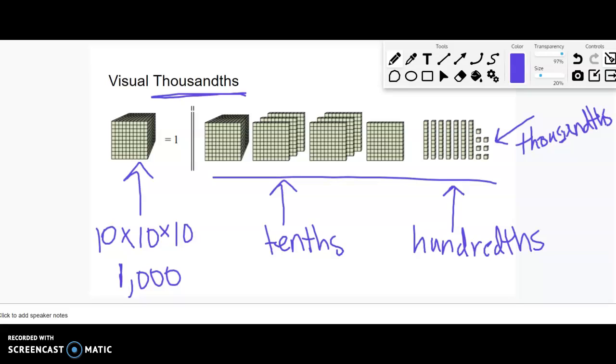So we're just splitting it up and breaking it up into the individual places. Notice how, like I said, they do get smaller as we go. So thousandths are pretty small if you consider that this is one whole thing. Like if that's $1, and that's a bad example because we don't normally break $1 into 1,000 pieces.